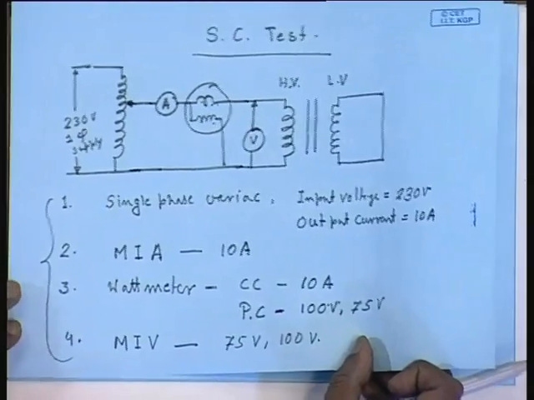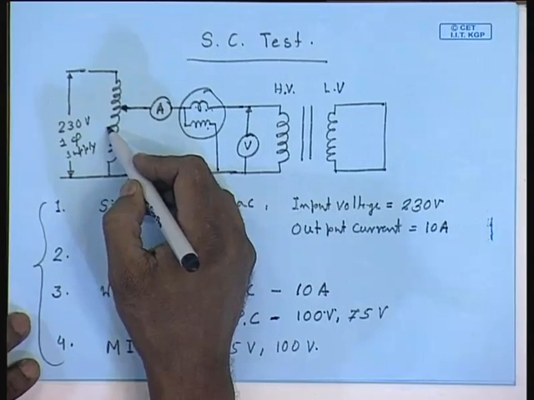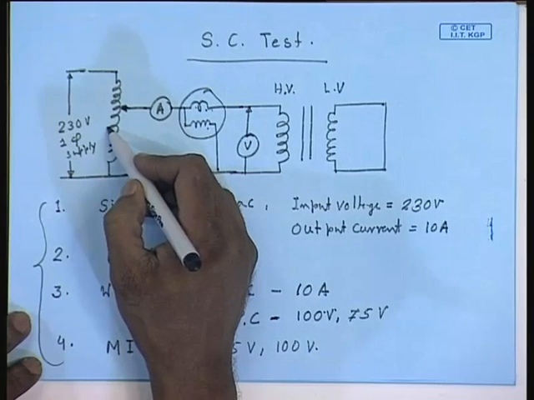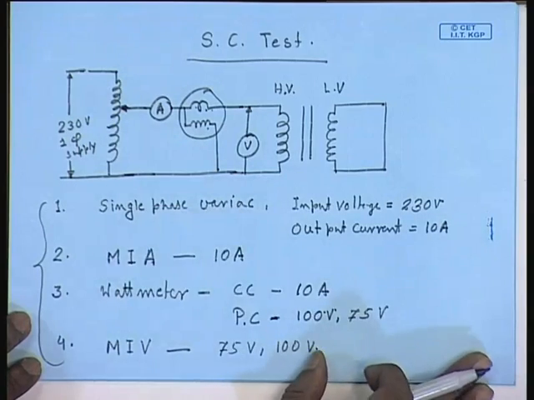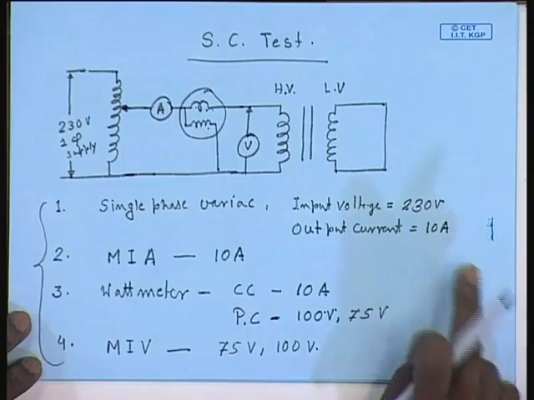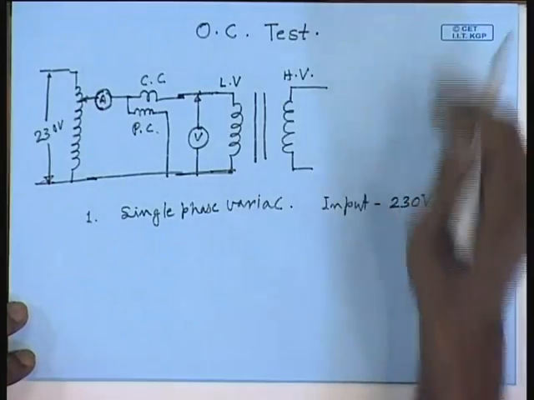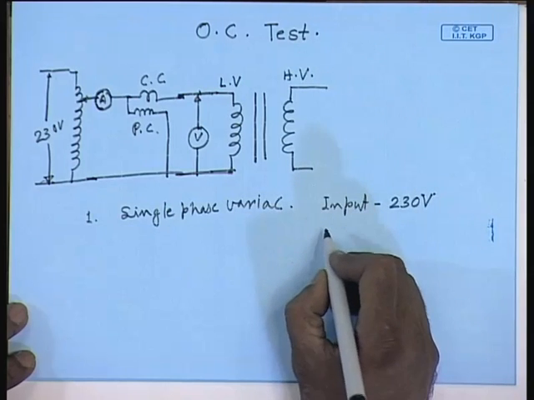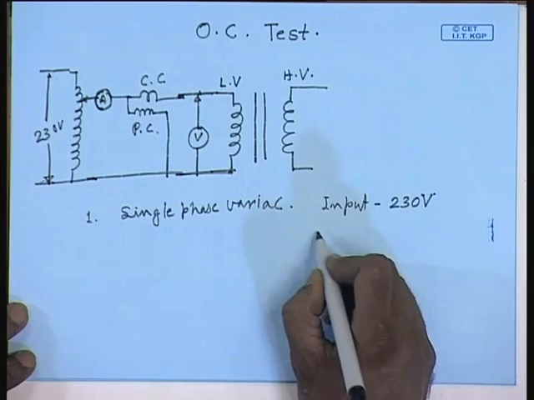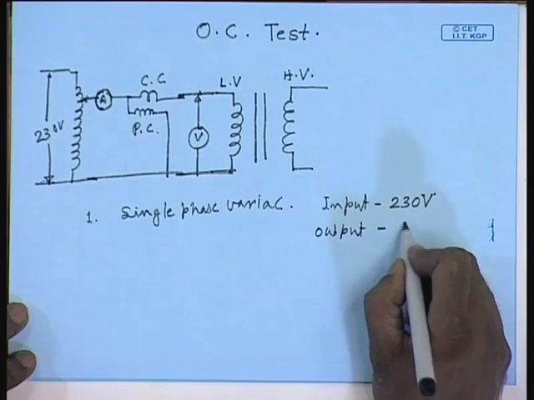However, if we do both the single phase open circuit and the short circuit test, I can use the same variac that was used in the short circuit test for doing this test. There the output current was specified as 10 ampere, which is sufficient for the no load test. So, here also we use the same variac with the input of 230 volt and output current of 10 ampere.